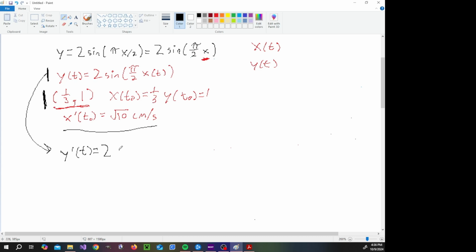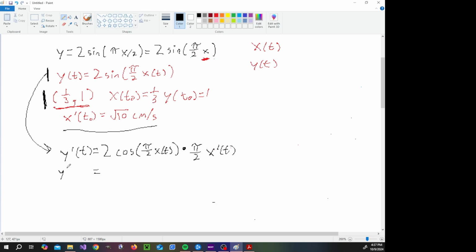So the derivative of the outside, the derivative of sine, is cosine. We leave the inside alone, and then multiply by the derivative of the inside. Well, the constant multiple comes along for the ride, and the derivative of x in terms of t is x prime of t. Okay?